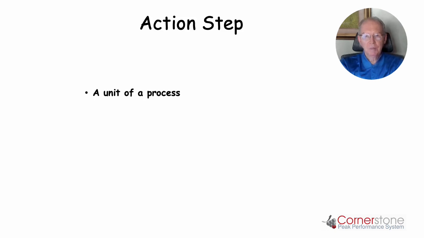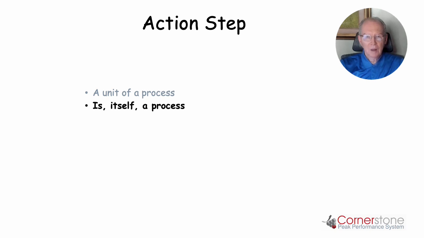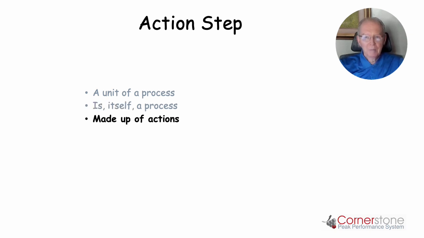If we drill down a bit more into a process, you'll recognize that there are a number of steps, and we call these action steps, and they are the unit of a process. Now, an action step itself is a process because it will contain a certain number of steps.